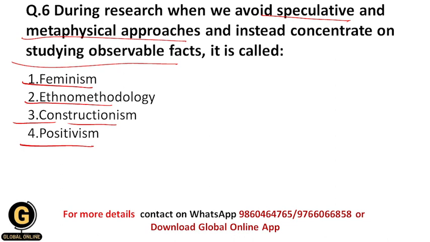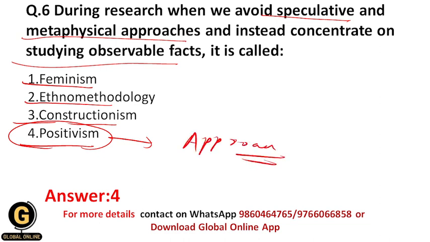So students, the correct answer for this question is 4, positivism, because during research, positivism is one of the approaches towards research. This is the philosophical approach towards reason, and this is the approach that the standards of science should be applied to social analysis. Basically it is a quantitative approach, and it relies on scientific evidence, and it claims that all knowledge must be verified through scientific methods.